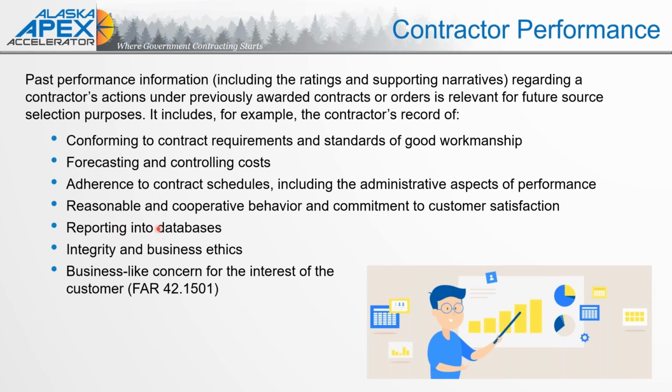Don't forget that reporting into databases covers subcontractor reporting, but also just maintaining an active SAM profile. That is also contractor compliance through the life of a contract: do not let your SAM expire. Then integrity, business-like ethics, and of course, business-like concern for the interest of the customer. All of these are things the contracting officer should be looking at to complete their past performance at the end of the contract.